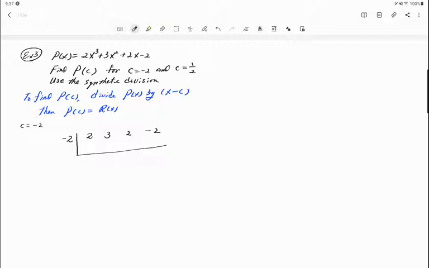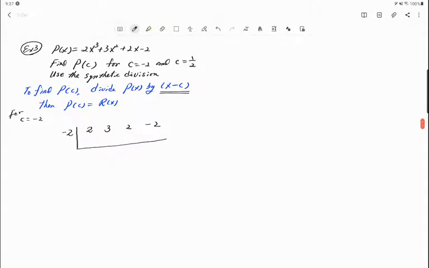Dividing by x minus c means we are dividing by c, right? So using synthetic division, we will use c, not minus c. For c equals negative 2, so use negative 2.